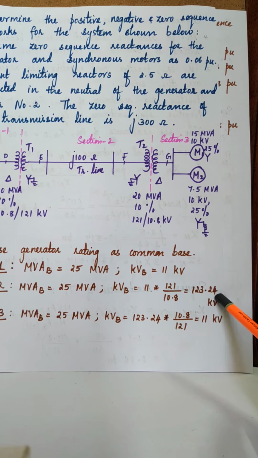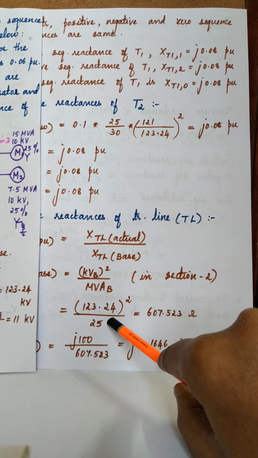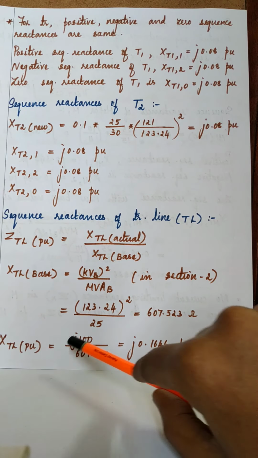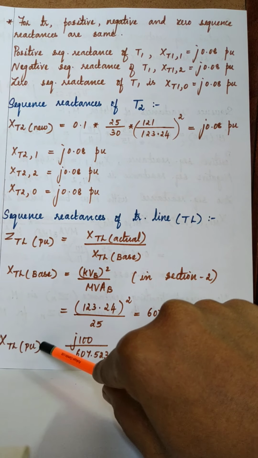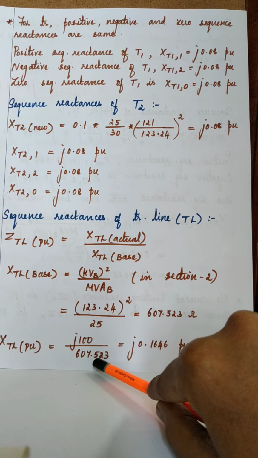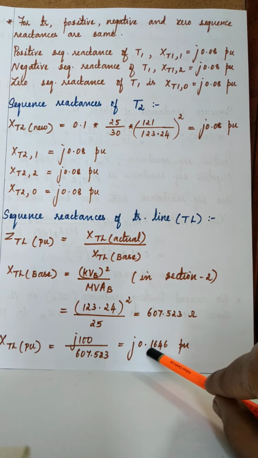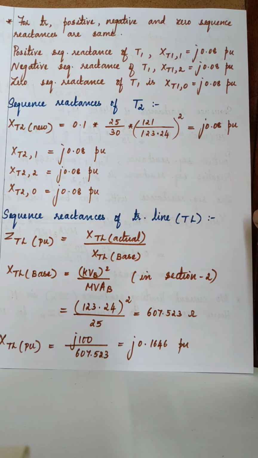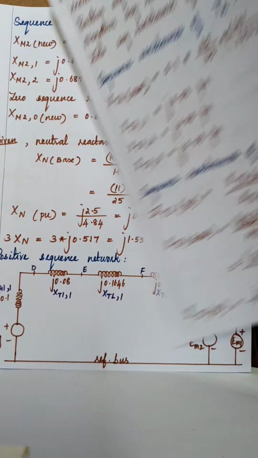In section 2, kVb is 123.24, the whole squared, divided by MVAb, which is 25. You got it as 607.523. So now the transmission line per unit reactance is equal to j100 by 607.523. You will get j0.1646 per unit. So this is nothing but XTL,1 and XTL,2, the positive and negative sequence reactance of the transmission line.